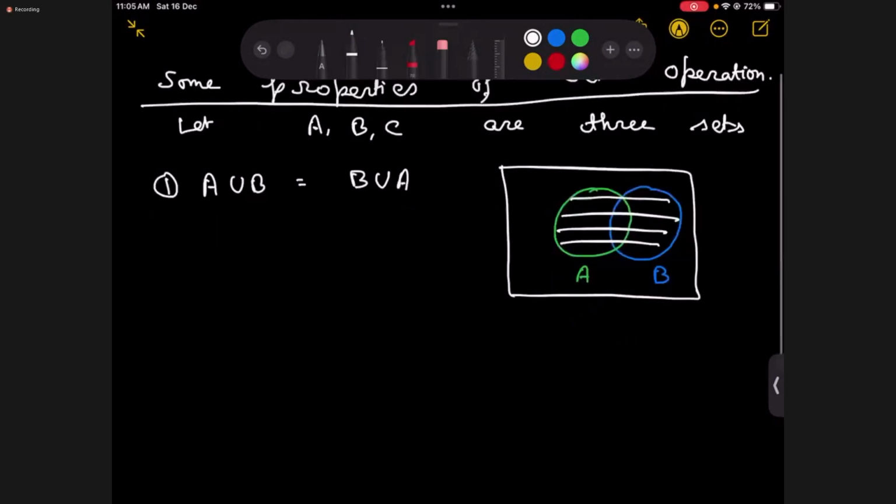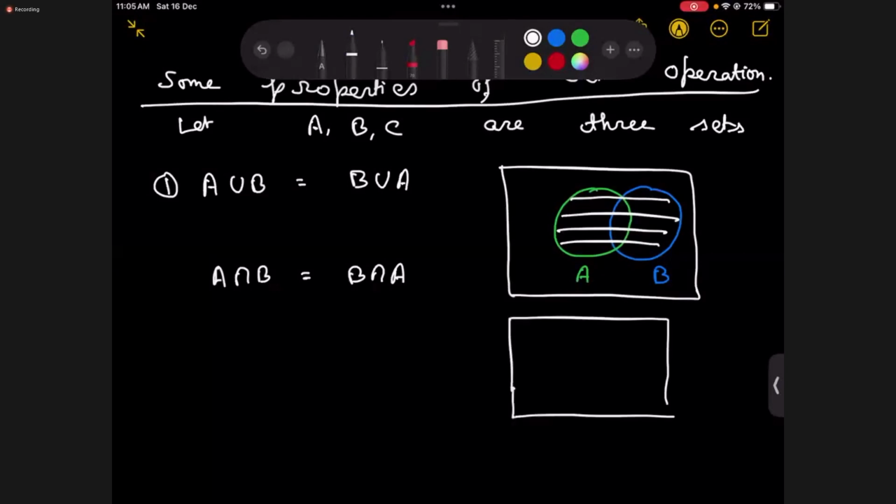Similarly, we can write A intersection B is equal to B intersection A. Why? Again check by Venn diagram. This is our B set, and this is our A set. What is the common part? This is the common part.